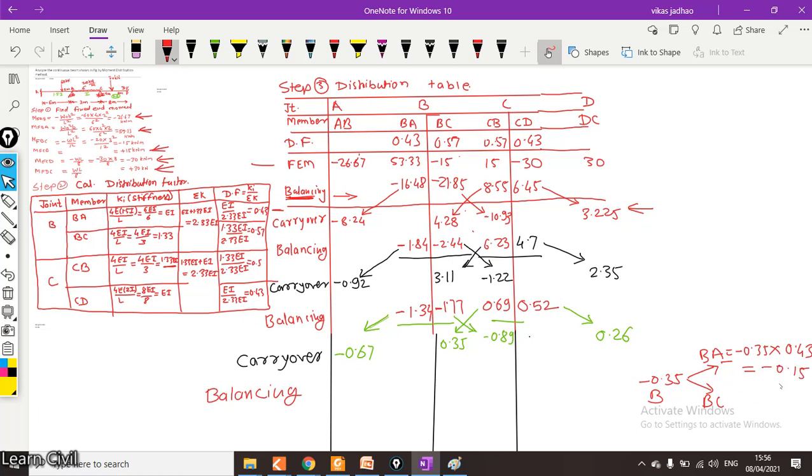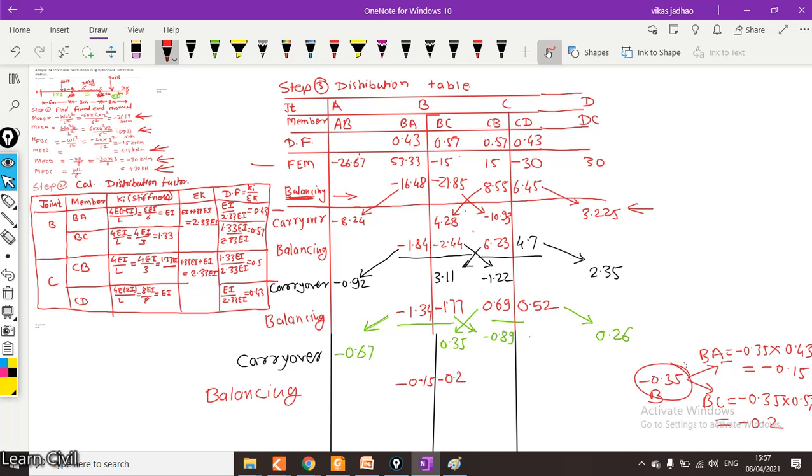Write down minus 0.15 here. For BC, minus 0.35 multiplied by the corresponding distribution factor of 0.57 equals minus 0.2. Write down minus 0.2 here.